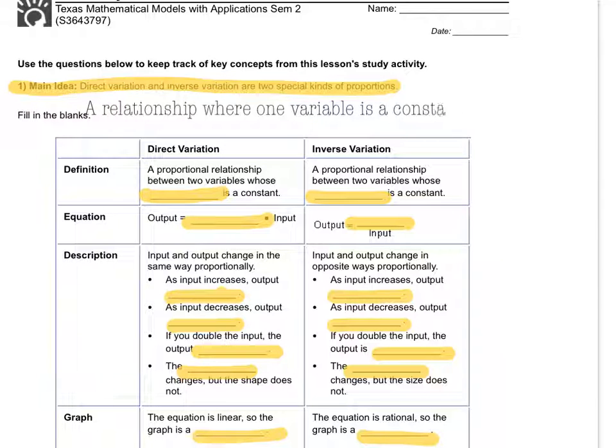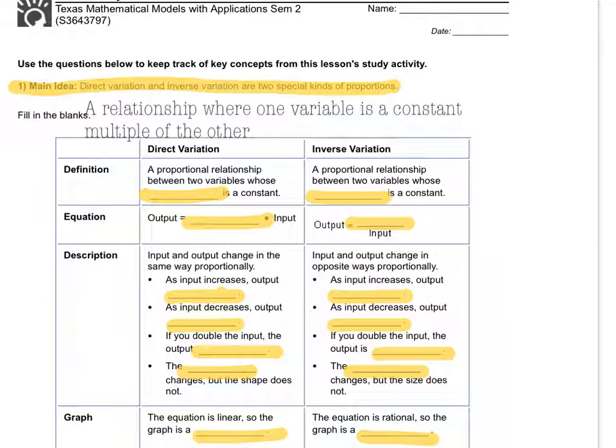That word constant is going to come up a lot. When you see a direct variation, think about a linear function where slope is a constant.